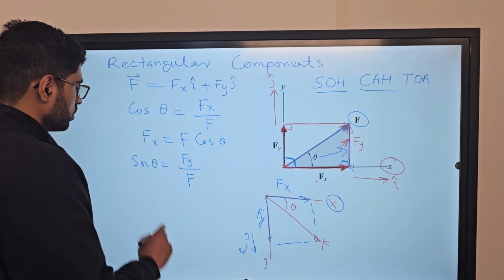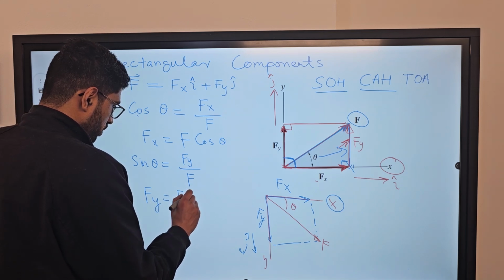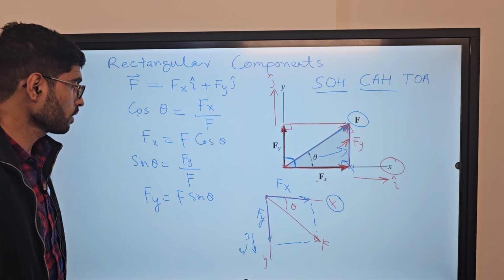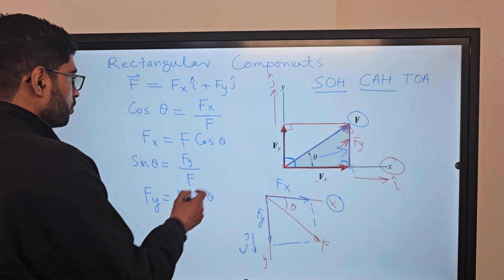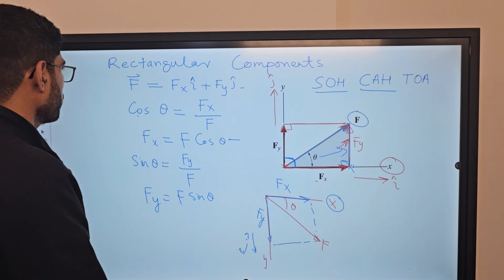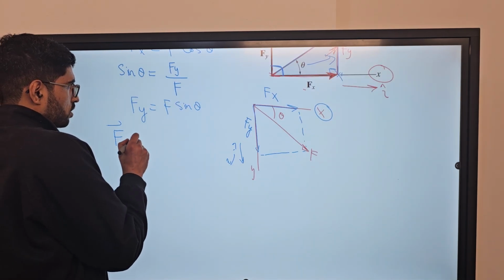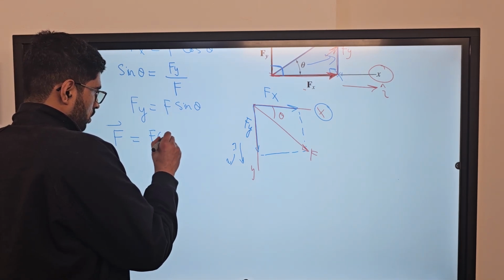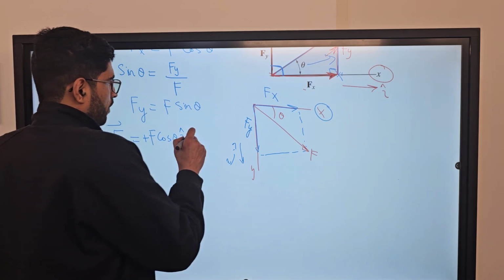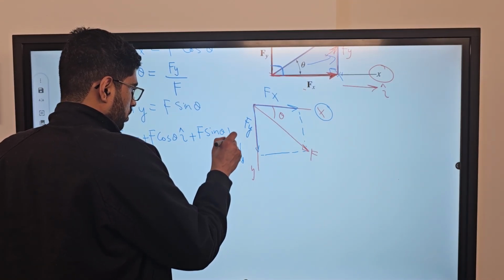So we can say that f of y magnitude is equal to F sine of theta. And again, if I put these magnitudes in this equation, we can say that f vector is equal to F cos of theta in the positive I plus F sine of theta in the positive j.